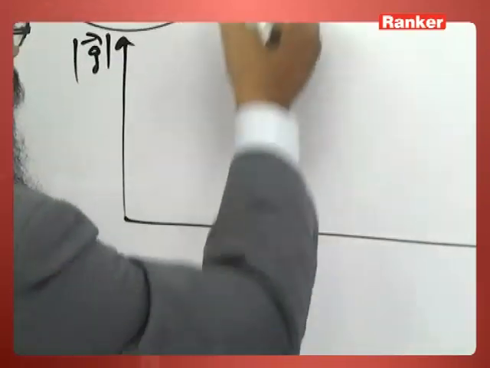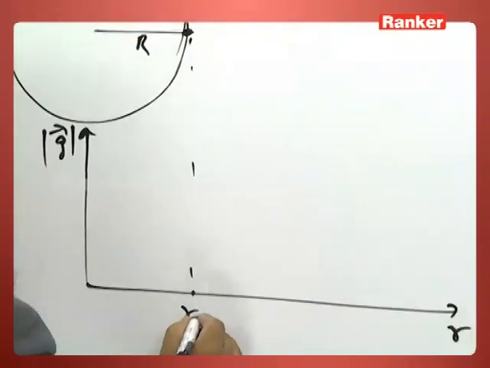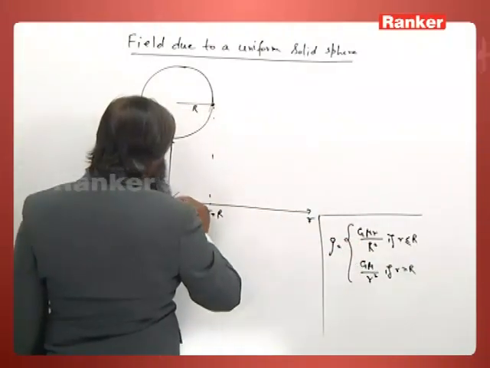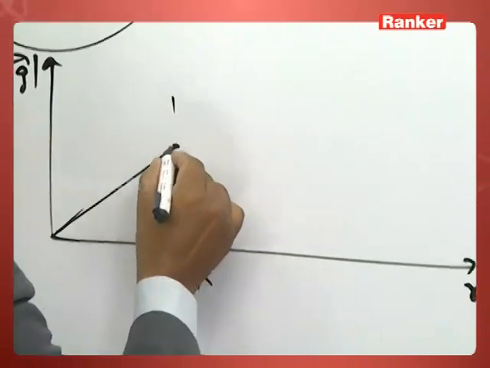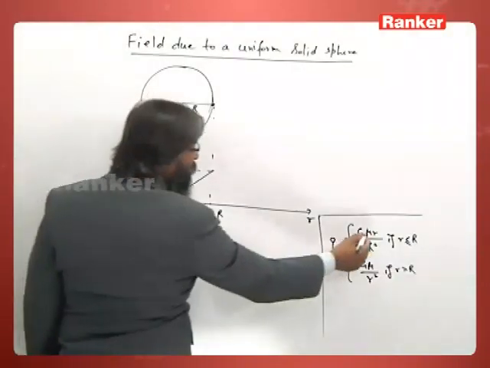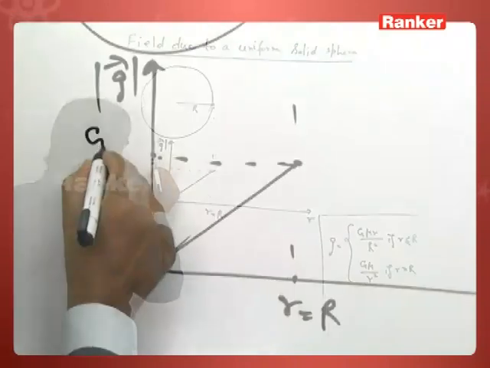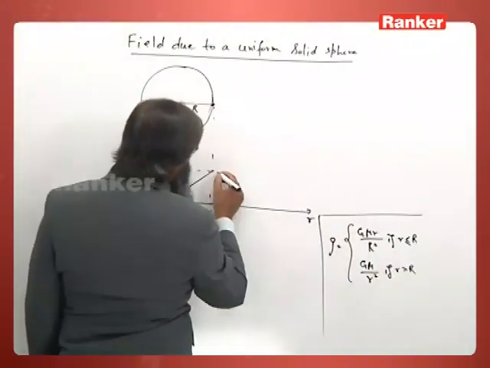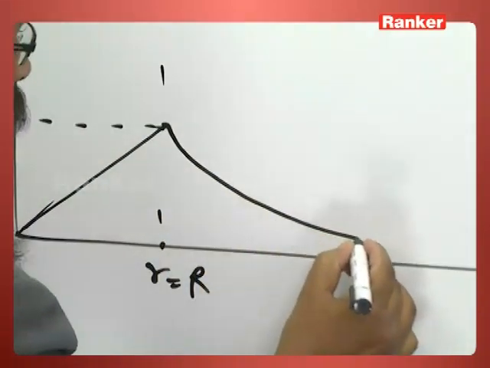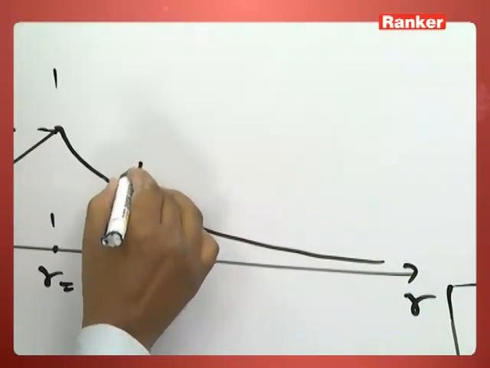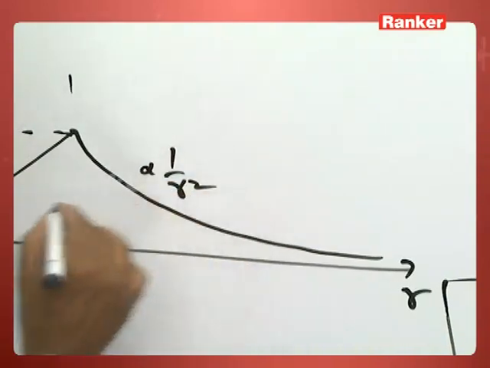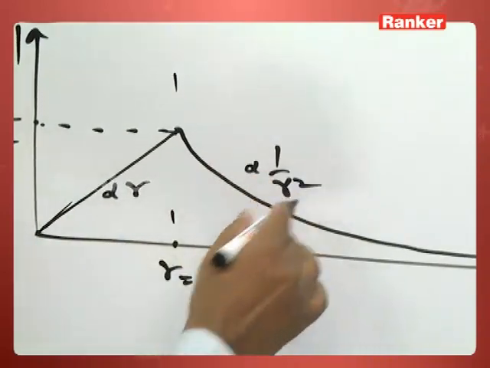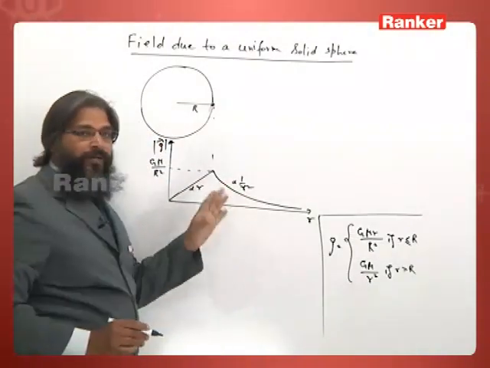Up to this place, where small r becomes equal to R, g uniformly increases to the maximum value, that is G M by R square. Next, it decreases as 1 by r square. So, here g is proportional to r, and here proportional to 1 by r square.